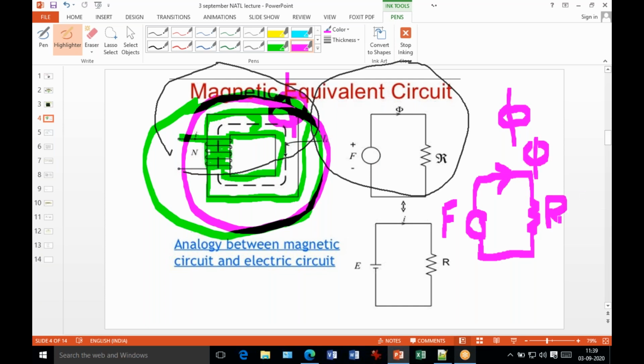And this resistance is denoted by reluctance. Already I discussed that in the magnetic circuit the role of resistance is played by the reluctance. Reluctance means it opposes the flow of flux. In the electrical circuit the resistance opposes the current, but here reluctance opposes the flux.